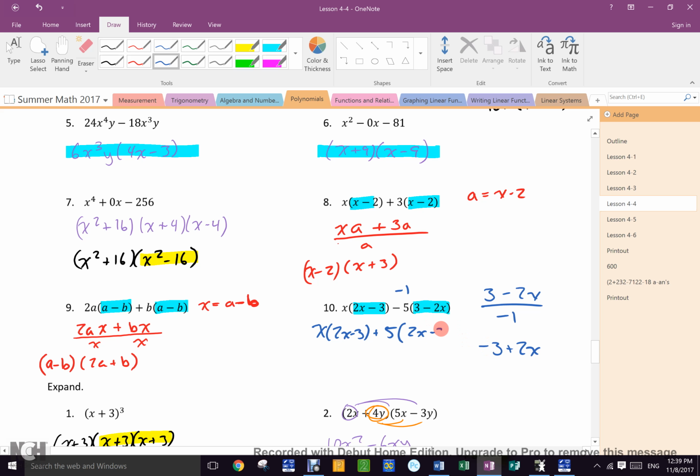Negative 3, negative 3. And now, are they the same? So what can I do with them? I can make them another letter, can't I? So if I make this A, and I make that A, then I got an A out front. And what's inside? x plus 5, right? Just like we did the three times before, yeah?